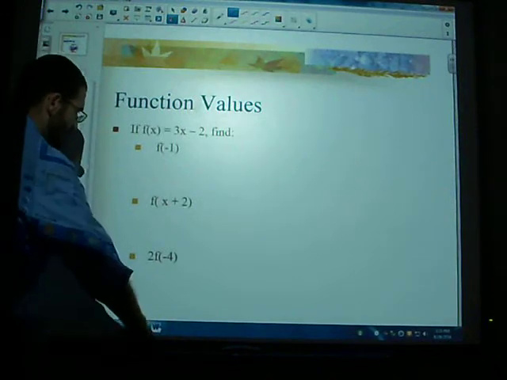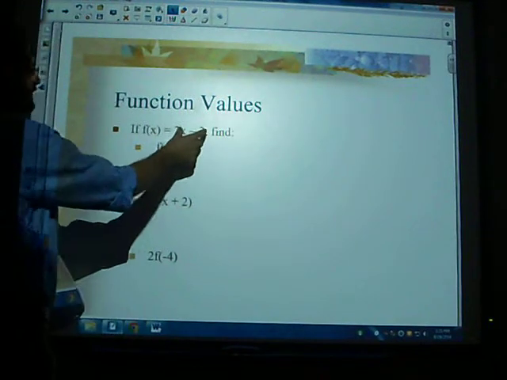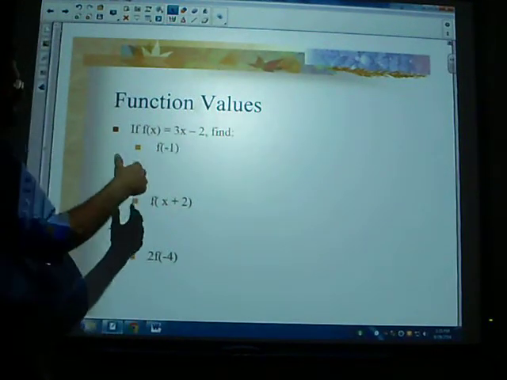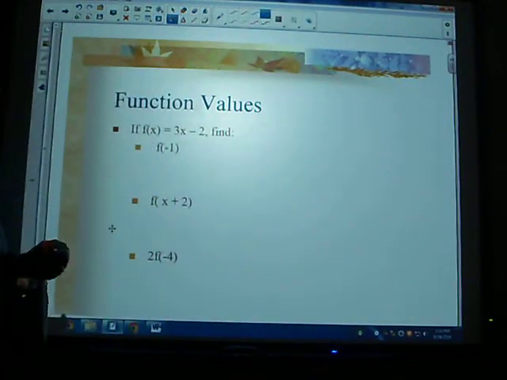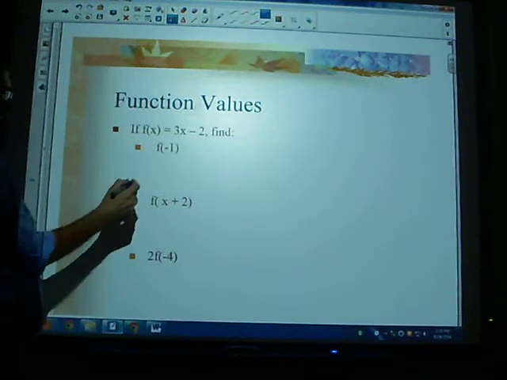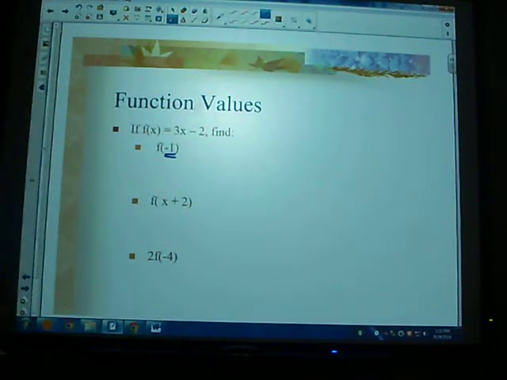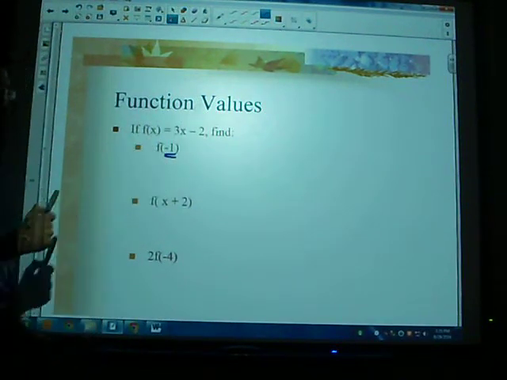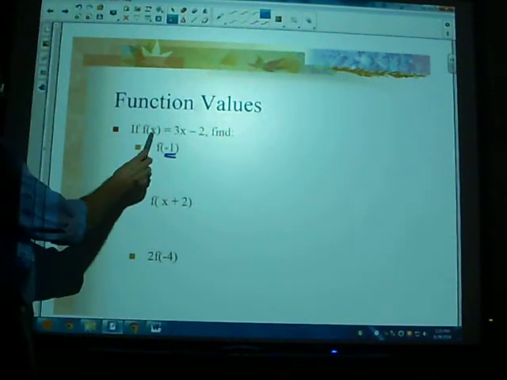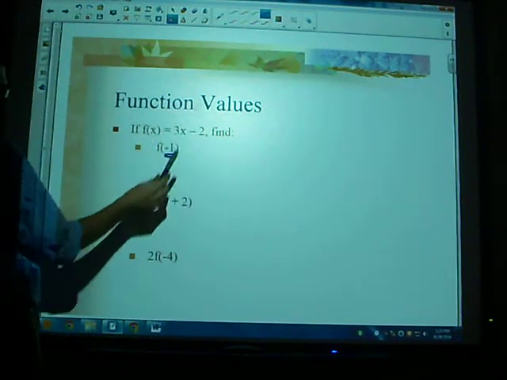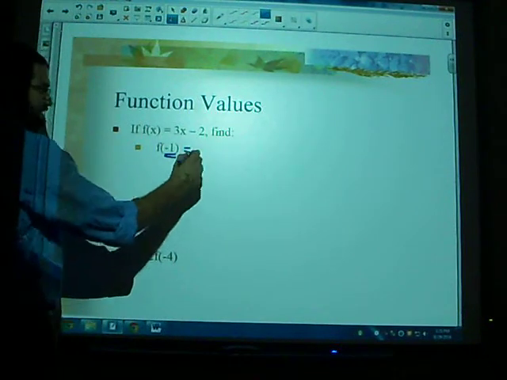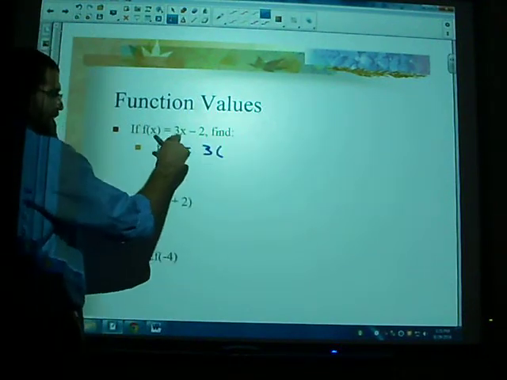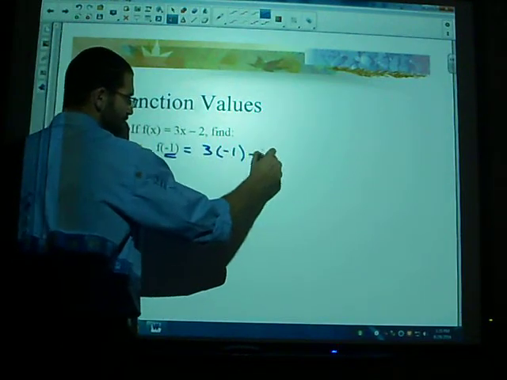Instead of saying find f of x equals 3x minus 2 when x equals -1, we can say just f of -1. That notation right here tells us whatever is inside of the parentheses should be instead of x. So when I'm given the function f of x equals 3x minus 1, and I ask you to find f of -1, that means you substitute -1 instead of x.